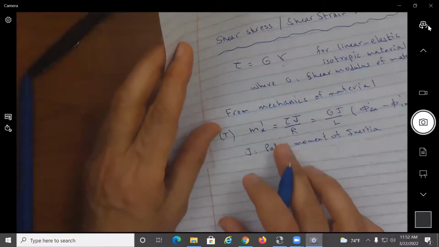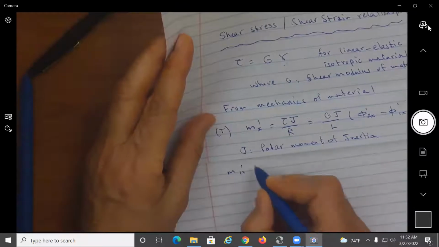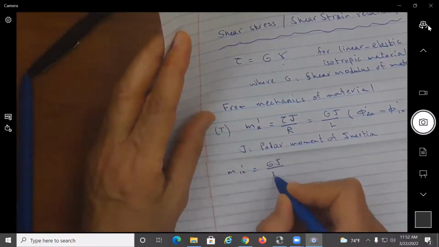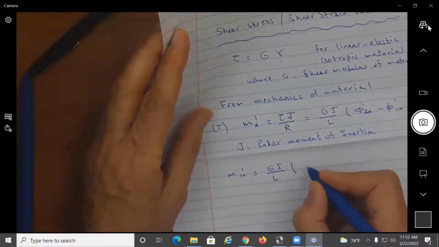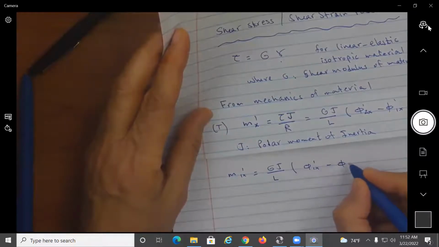Now I can use this to express m1x prime as GJ over L multiplied by phi 1x prime minus phi 2x prime.